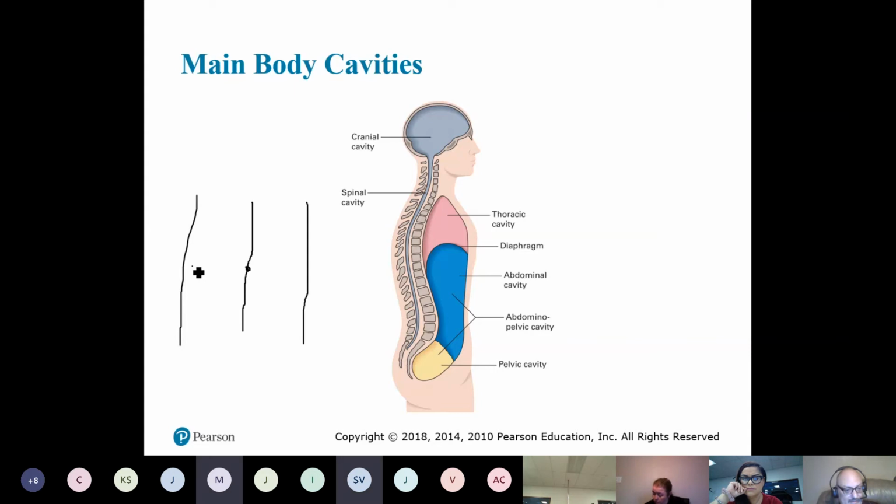No, I can't draw a straight line. Leave me alone. I failed that subject in kindergarten. So the center point, like the four corners, is the belly button. And as we're looking straight on, what side of the patient is this? The right side. The upper right.